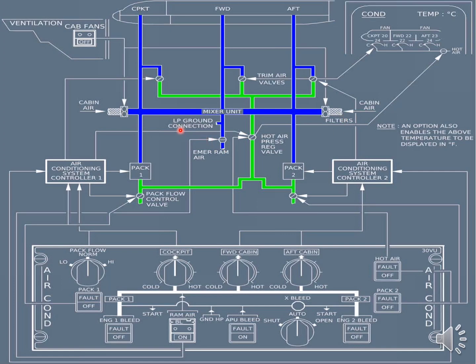Next you can see the low pressure ground connection: when the aircraft is on the ground and the engines and APU are shut down, we can use low pressure ground connections for the air conditioning systems. Then ram air: when the aircraft has a malfunction of the air conditioning system, we can use emergency ram air. I will explain it in later slides.